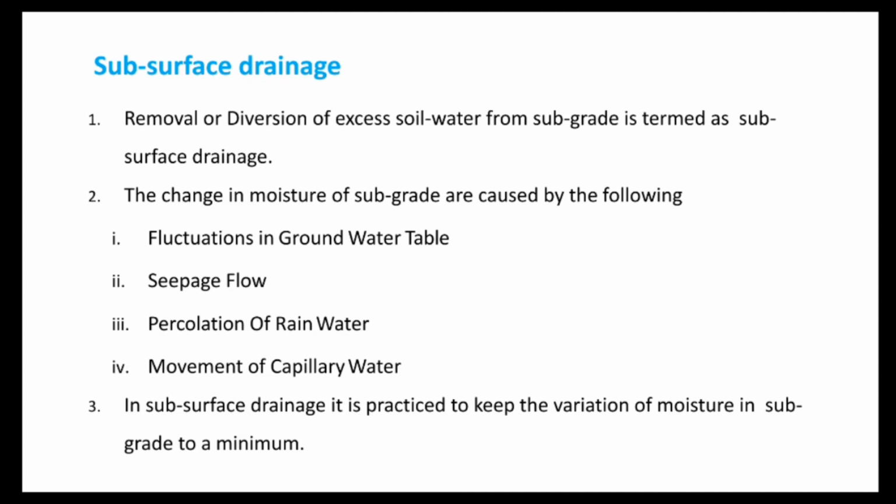First is the fluctuation in the groundwater table. Second, the seepage flow. Third, the percolation of the rainwater. Fourth, the movement of the capillary water. Subsurface drainage is practiced to keep the variation of the moisture in the subgrade to be minimum.